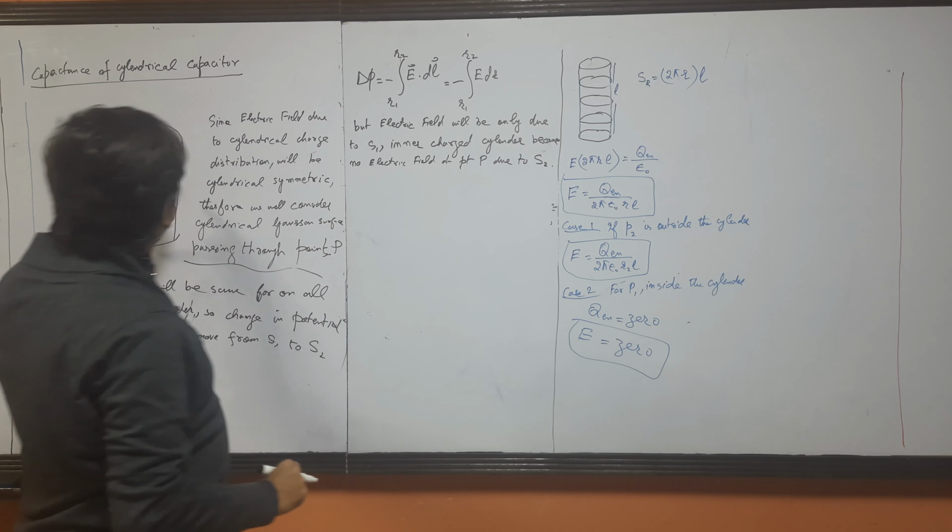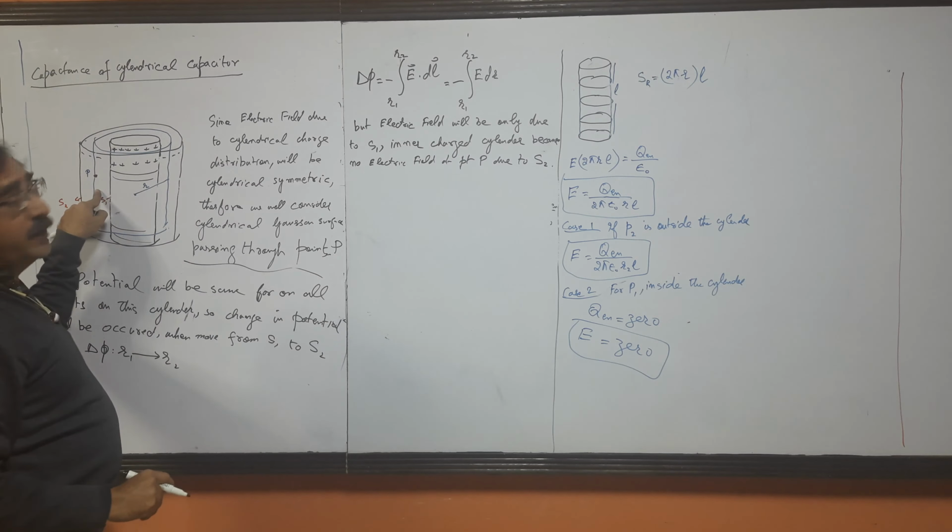As I have already explained, S2 is outside and point P is inside, and the Gaussian surface does not include that cylinder. So that's why we have to consider the inner shell only, okay. Yes.